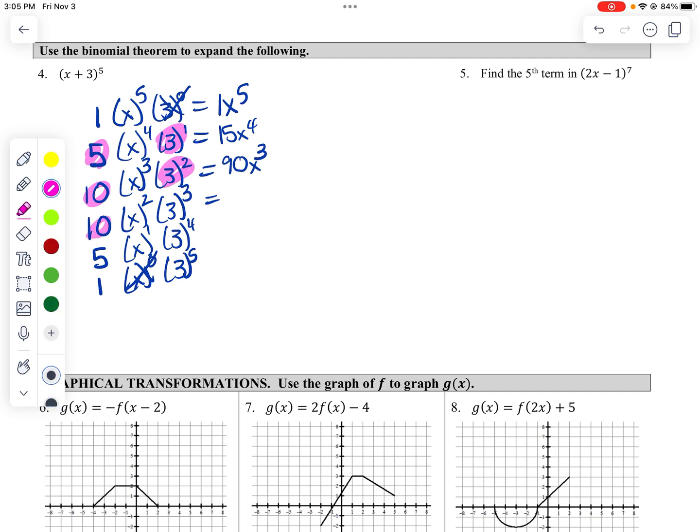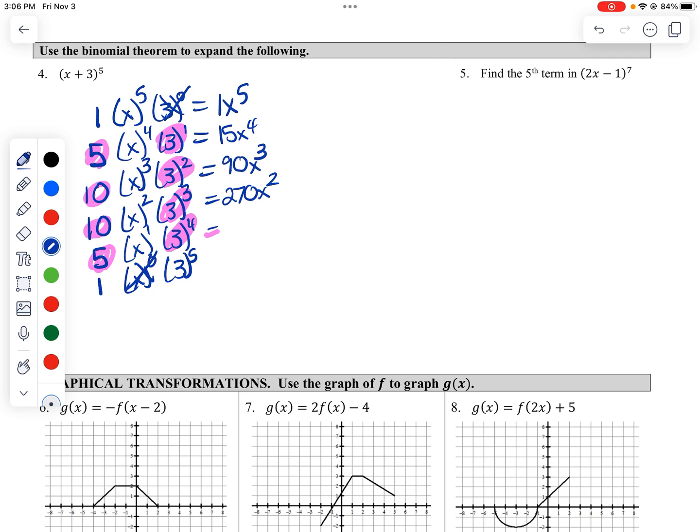What do we have here? 10 times 3 cubed, which is 27, so 270x squared. Then 5 times 3 to the 4th.